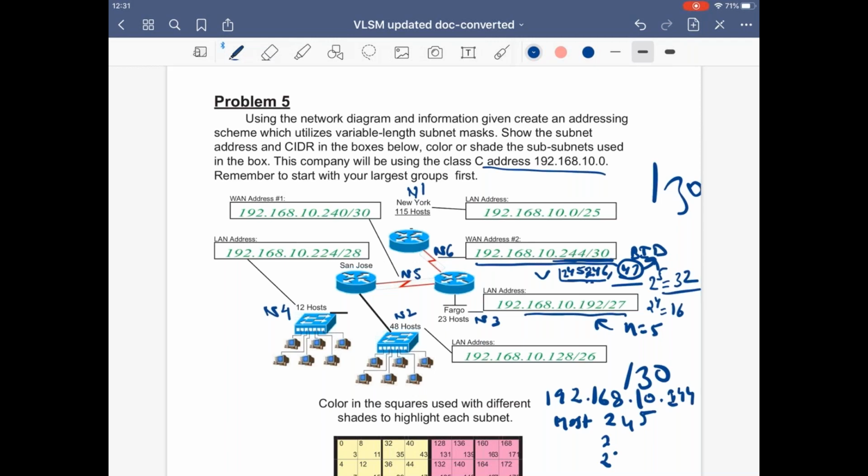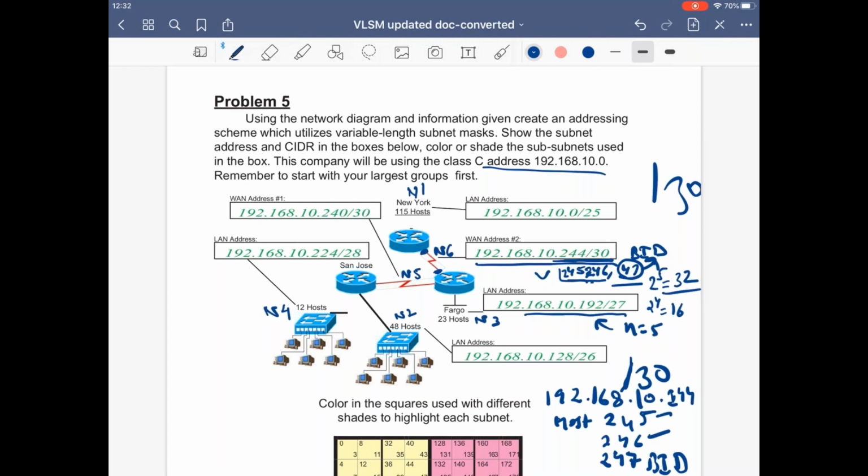This is our BID. That's it. After this, we will not use anything, because we have a requirement of only 2. Okay, got it.